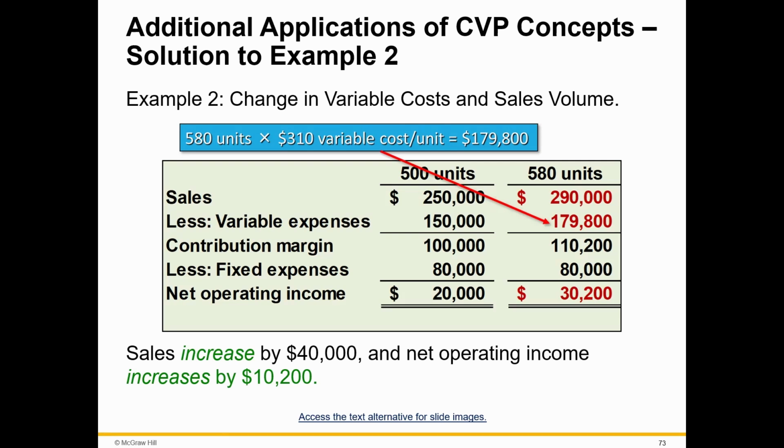Our variable expenses would increase, so it'd be $310 a unit instead of, I believe, 300 before. So it'd be 179,800. Contribution margin would then be 110,200. Our fixed expenses haven't changed. It would actually increase our net income to 30,200, or it would increase it by 10,200.